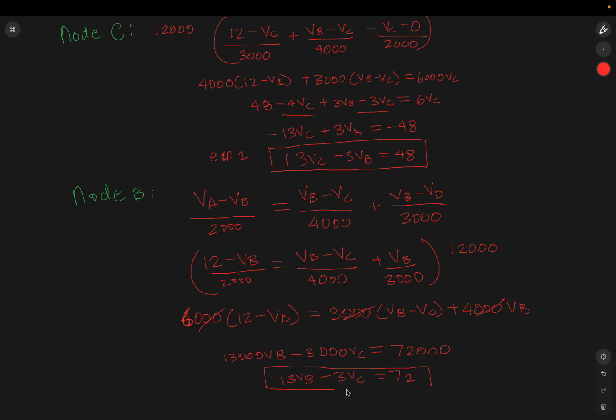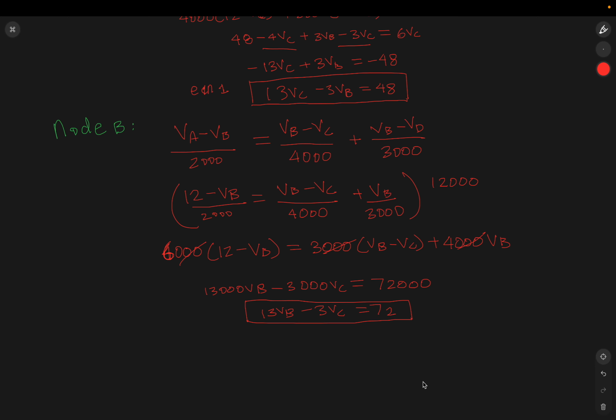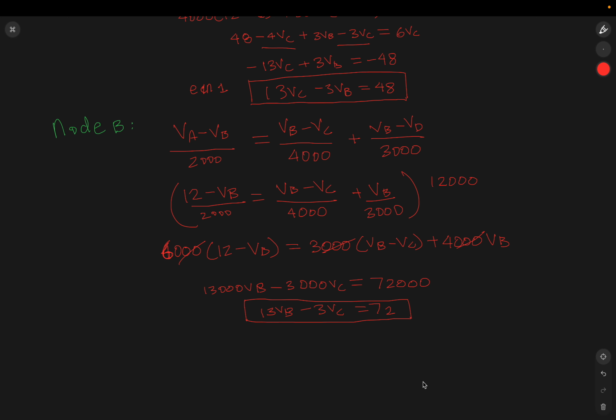And now if you'll notice, we actually have a set of simultaneous equations because both equations have the same two variables, and now we can use either substitution or elimination to solve. So what I found the easiest way for me to do it was elimination. So I multiplied equation 1 by 3, and I multiplied equation 2 by 13.